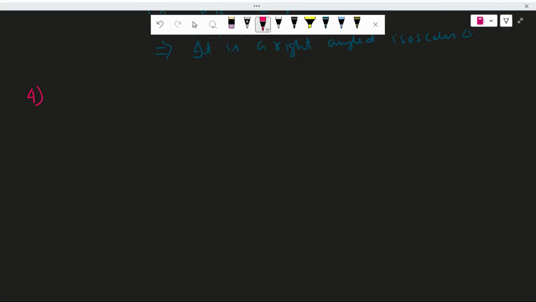Square both sides, and you will get an equation in terms of A. Then you will be able to find the value of it. The similar question is the fourth one, and the fifth one as well.